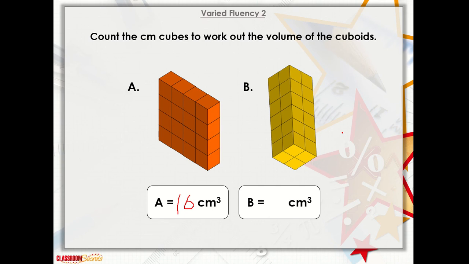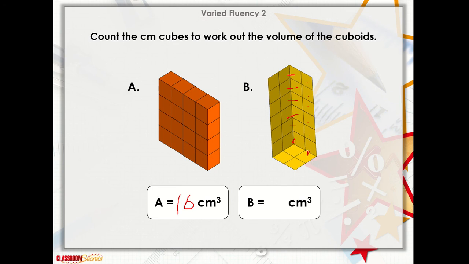Let's have a look at B. Now I can see this layer here, this top layer. So I've got 1 there, 2 there, 3, 4, 5. This one on the end is 6, and then 7, 8, 9, 10, 11, 12.